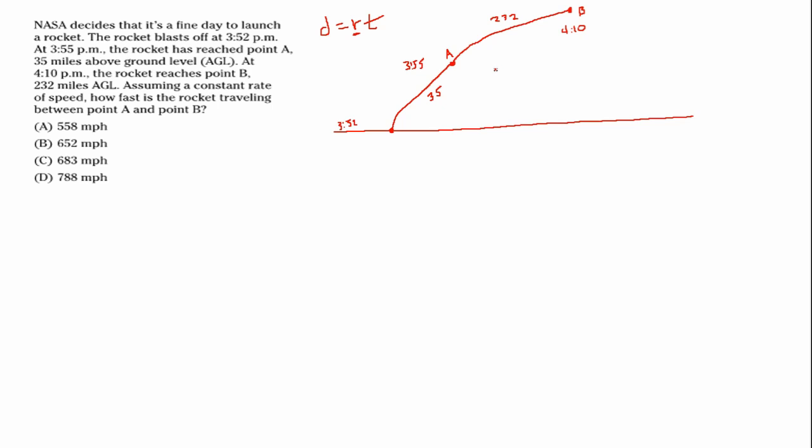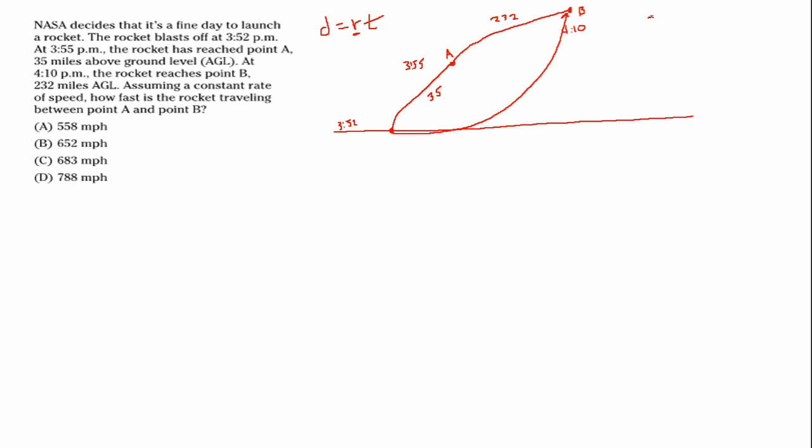Okay? Now this 232 refers to the distance it traveled from the ground to point B. We want to find the distance or the speed it traveled from point A to point B. So what I have to do is take this 232 minus 35 to find just this A to B distance.